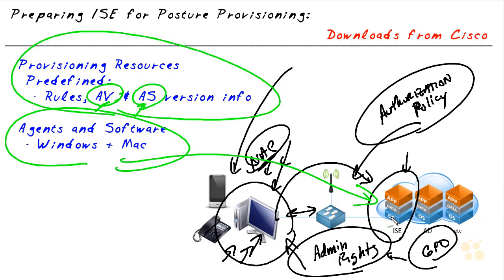We're also going to tell ICE to download some data regarding the latest versioning information for various antivirus programs and anti-spyware programs. Now, these provisioning resources are not the actual antivirus software. It's just details regarding what the current flavor is.